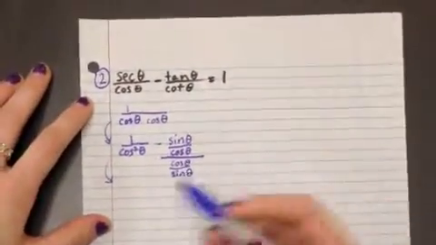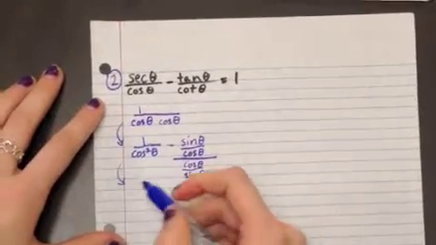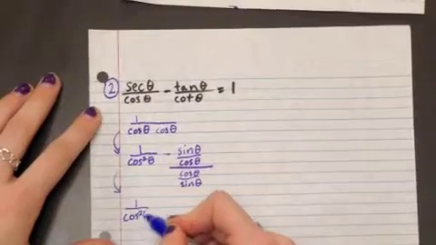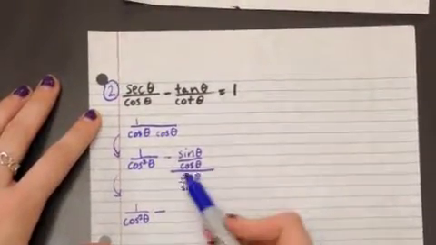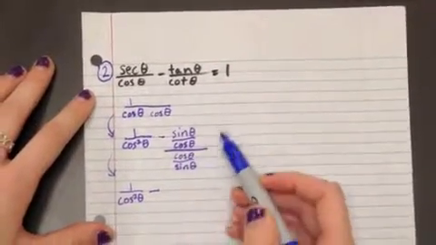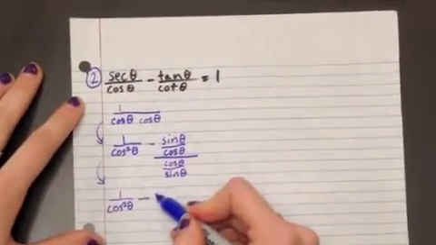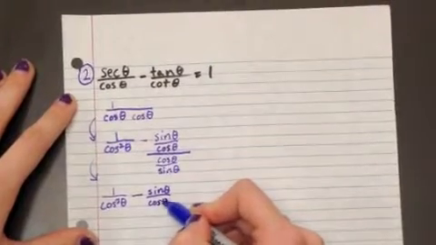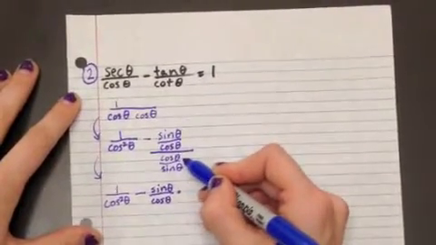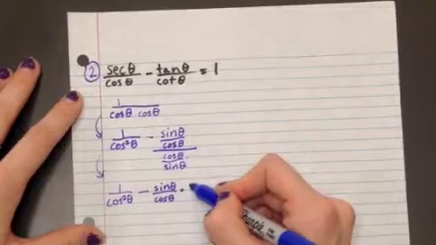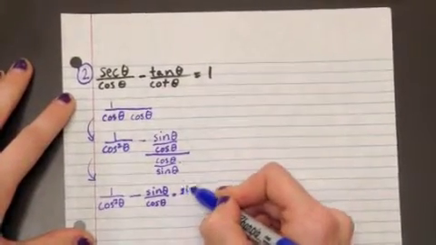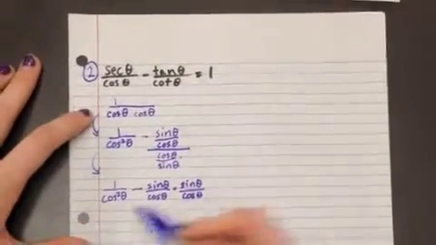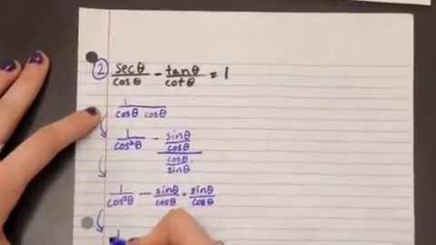And we're going to bring 1 over cosine squared theta down again. And to divide this, we're going to multiply it by the reciprocal. So we have sine theta over cosine theta times the reciprocal, which is sine theta over cosine theta. And we're going to bring this down again.